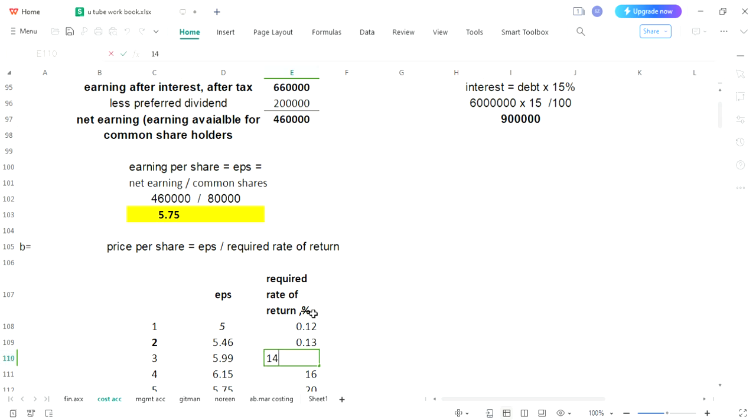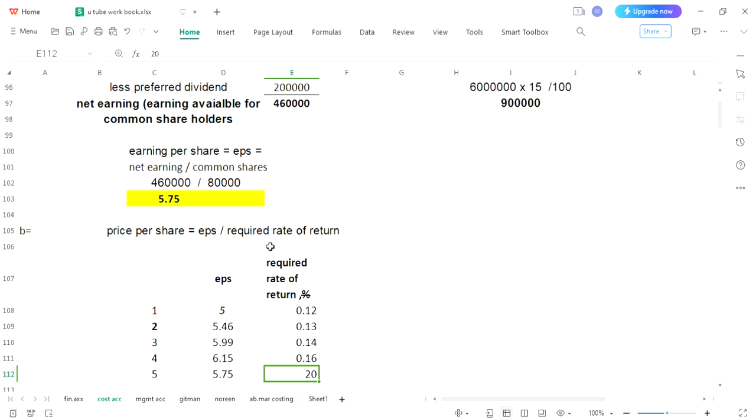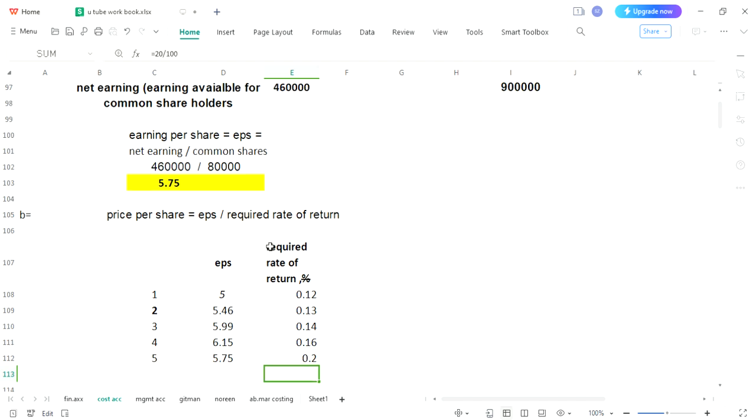Because it's necessary to change it so that you can put it in our formula. So here 16 divided by 100. Finally we have the last percentage, 20%. So the second column has also been completed, and we have got our required rate of return.